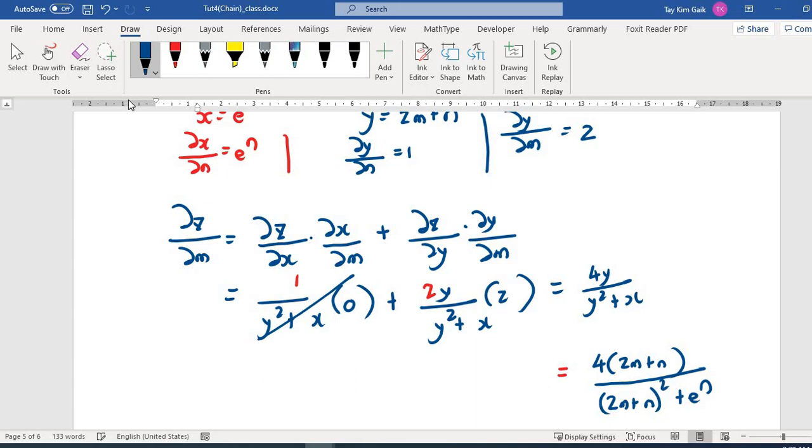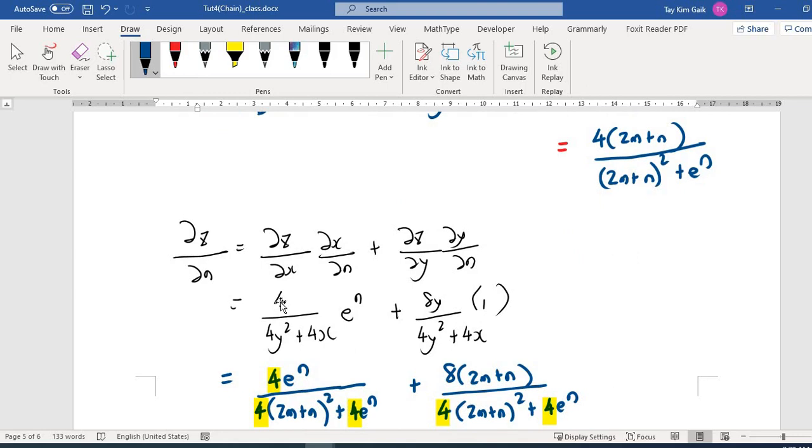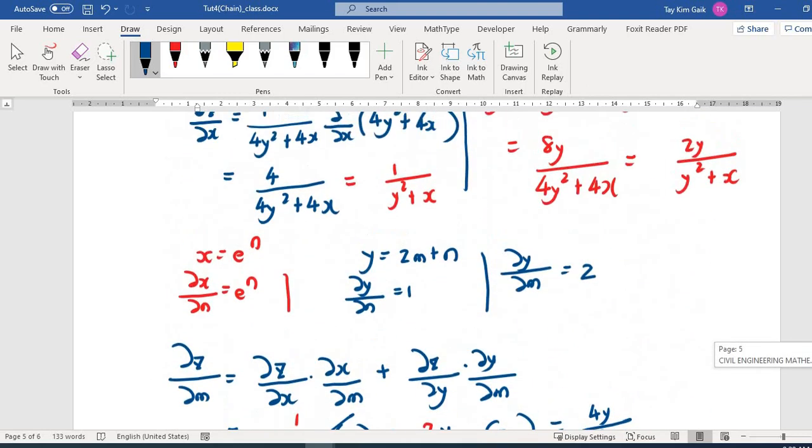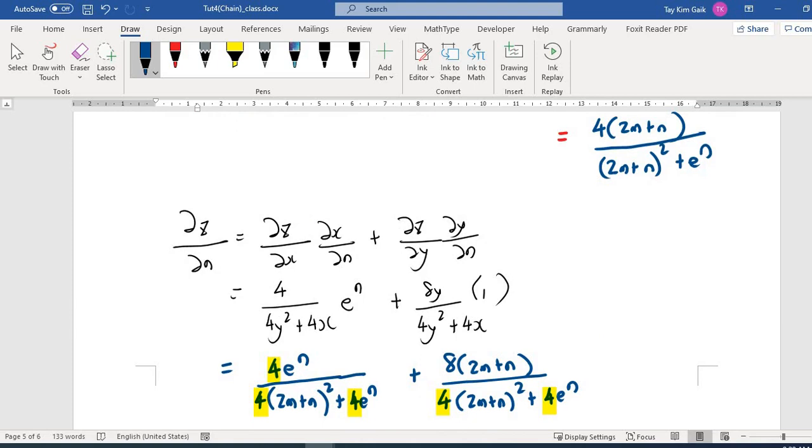Replace the y with 2m plus n, so 2m plus n squared, x is e to the n. Maybe here you can use a simplified term, which is del z del x, 1 over y squared plus x. Then this one delete.